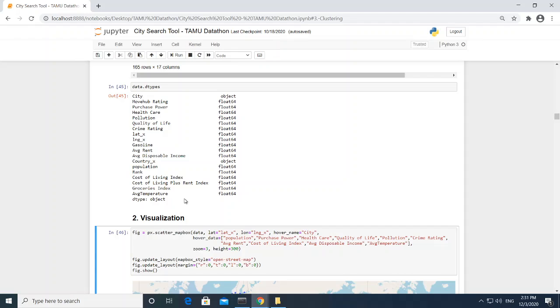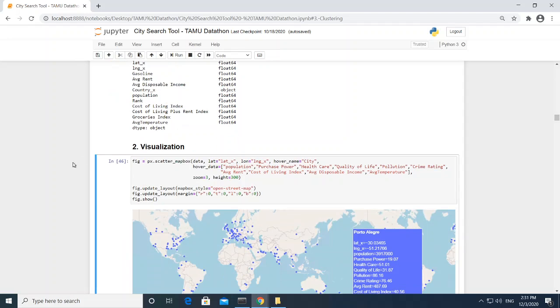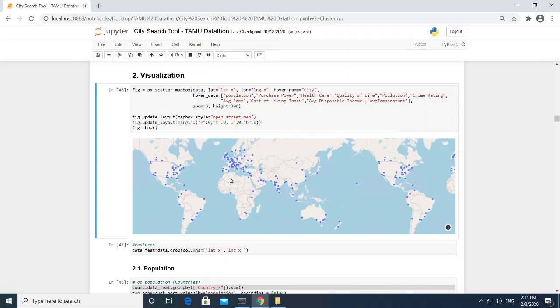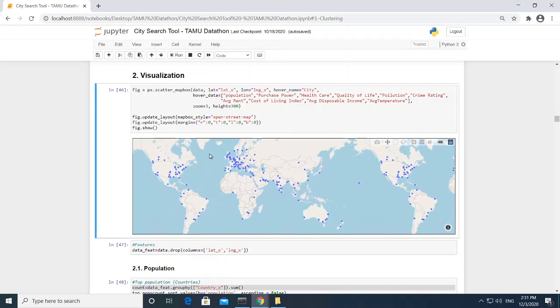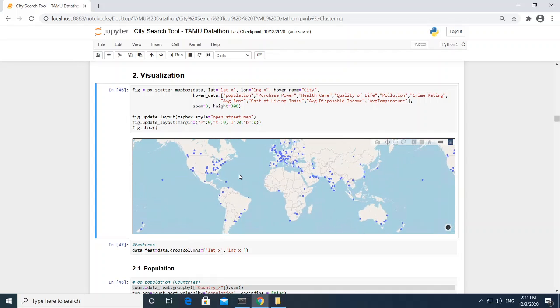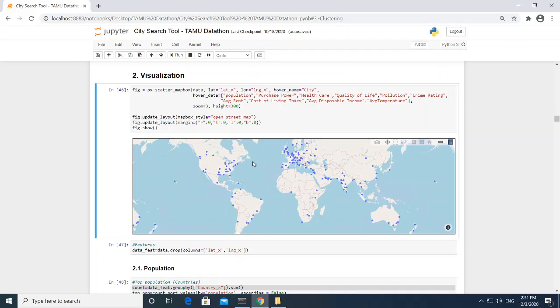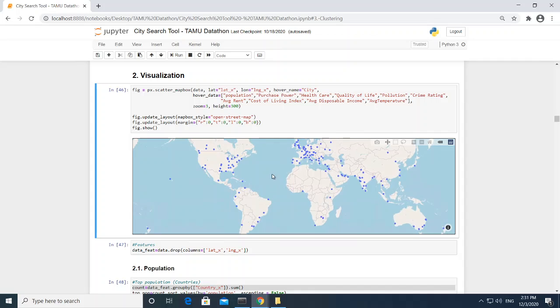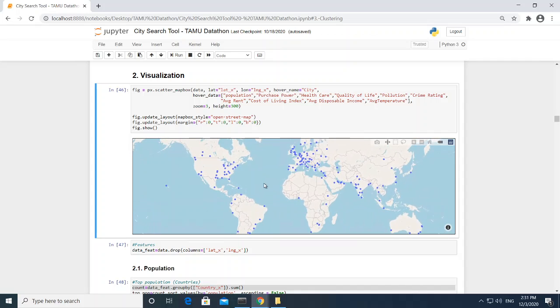After this, we did the visualization of the data. We use PyPlot because we wanted to implement a very interactive tool. This is a little bit about all of the cities that were included in our database.